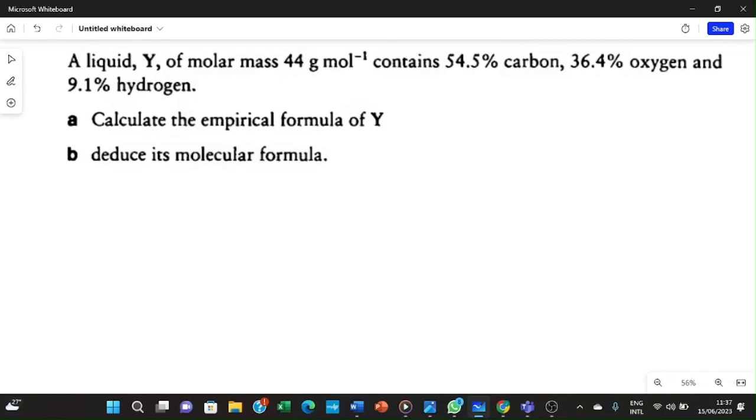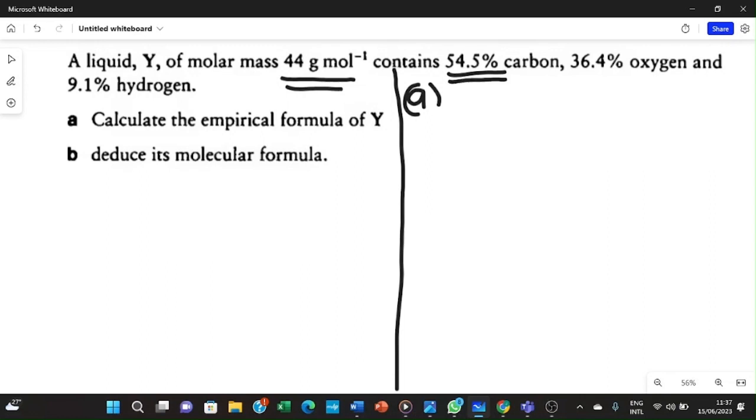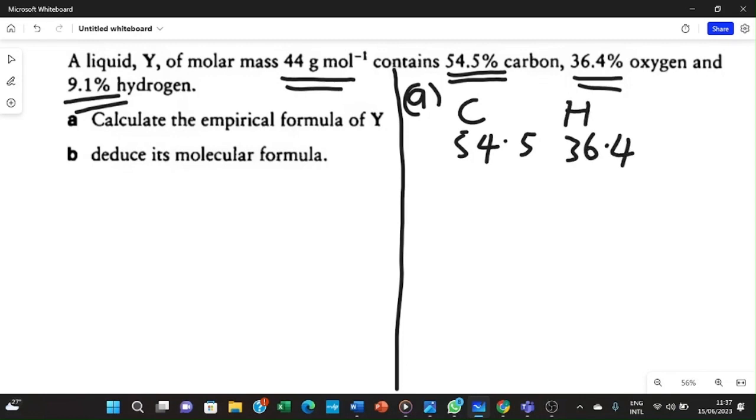So the first thing we are going to do is to calculate the empirical formula. We have the molar mass and the percentage composition by mass, so we calculate the empirical formula so we can calculate the molecular formula.